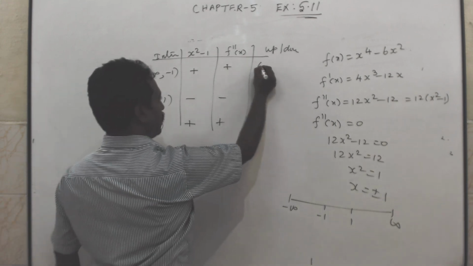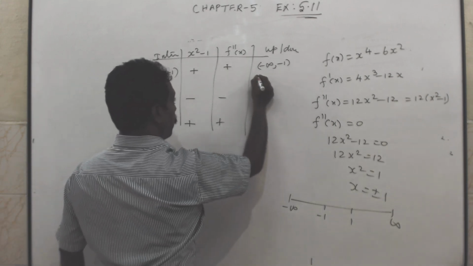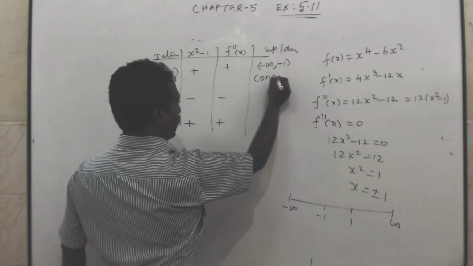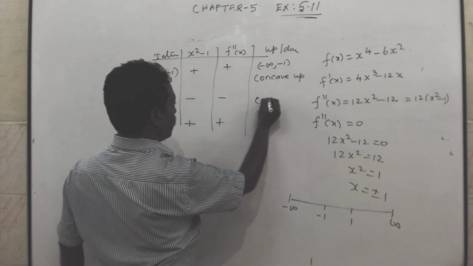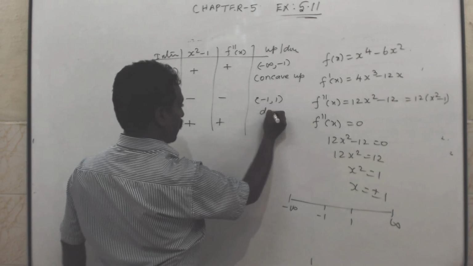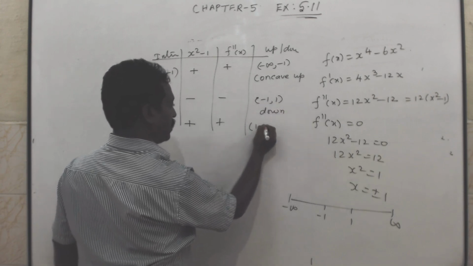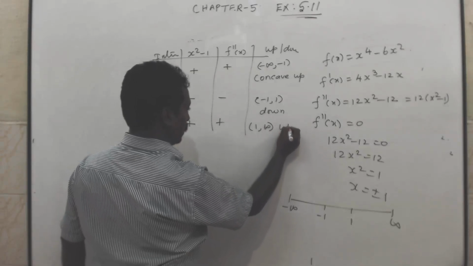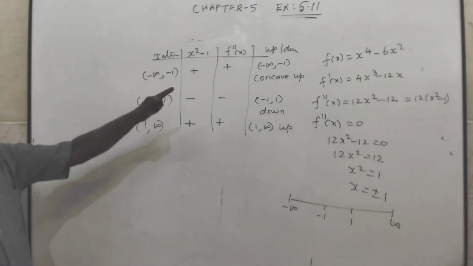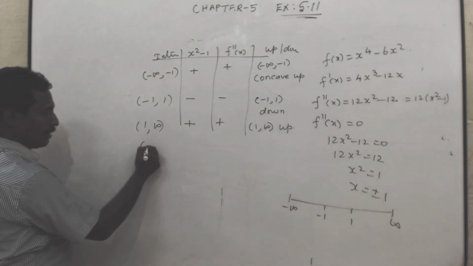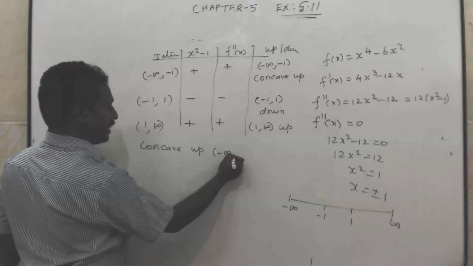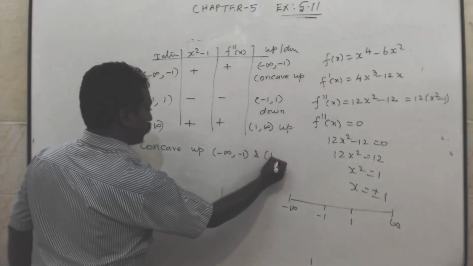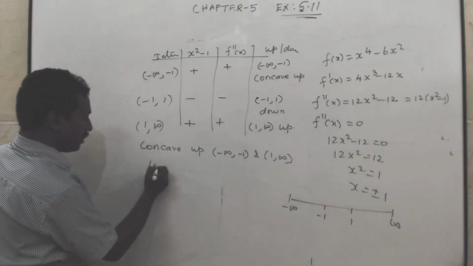Plus means concave upward. Minus means concave downward. Plus, concave upward. Therefore, concave up intervals: minus infinity comma minus 1 and 1 comma infinity.